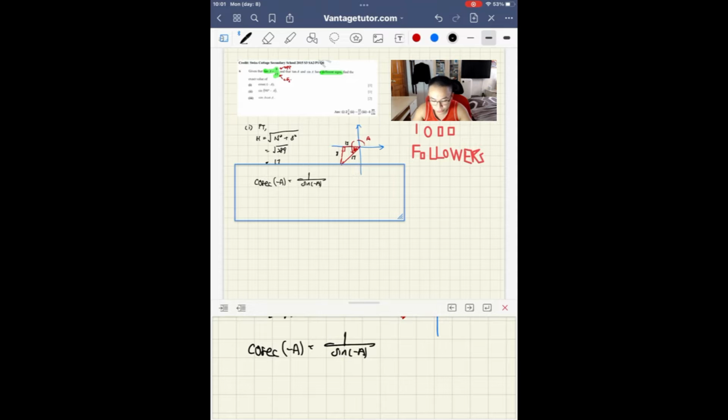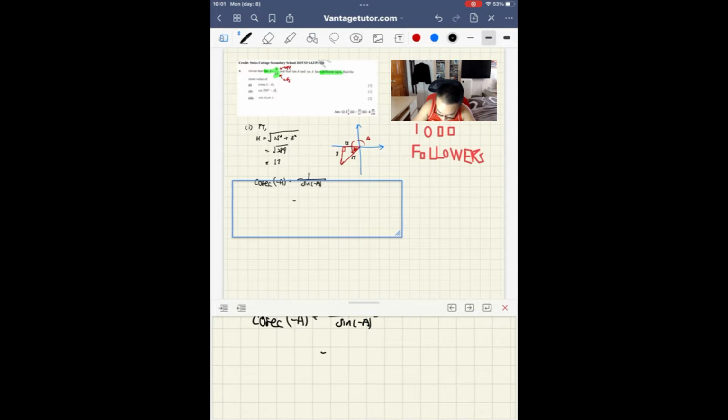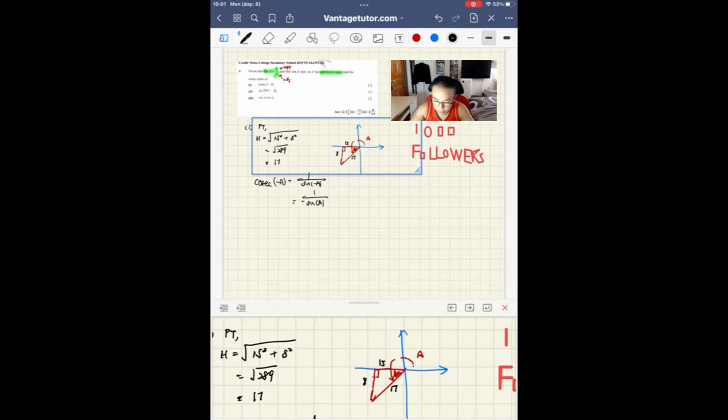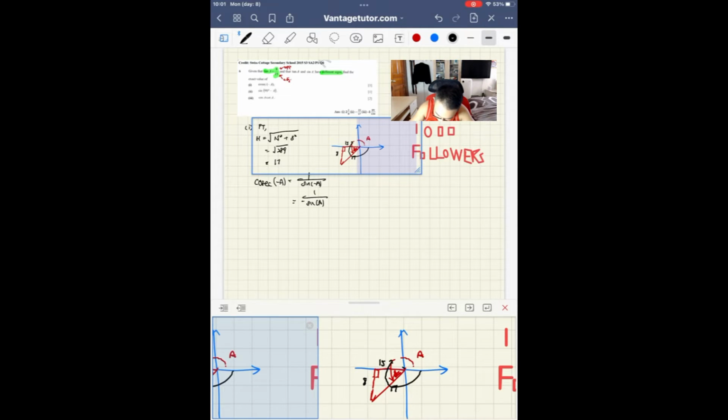If some of you memorize, you know that sine of negative A is actually equal to negative sine A. Then from here I just put in my values. For me I don't do it like that. I'm going to show you how I do it because I'm a lazy guy. I don't memorize. If A is going this way in an anti-clockwise direction, my negative A is going to be in the reverse direction, somewhere like this, up here.